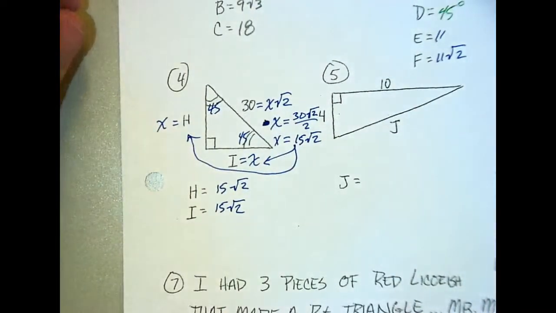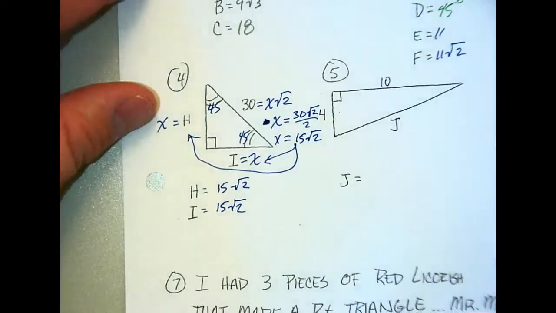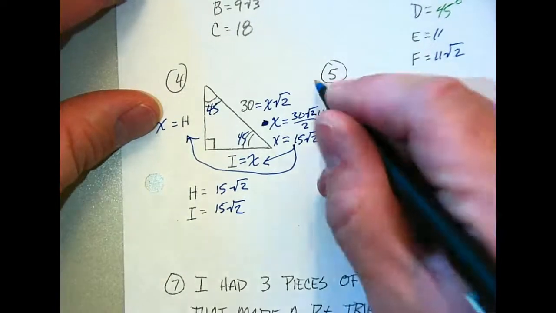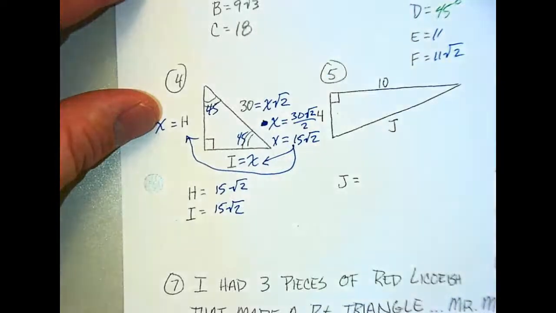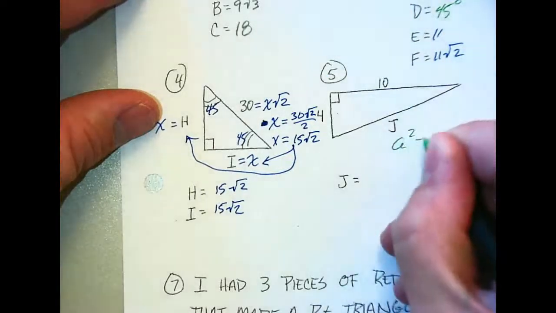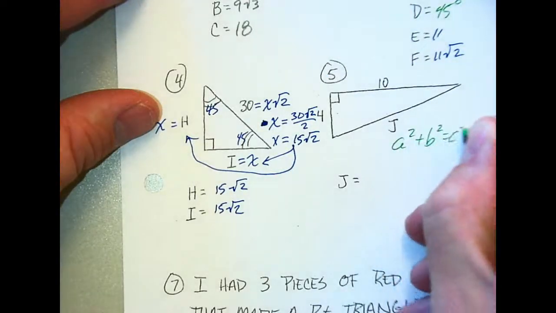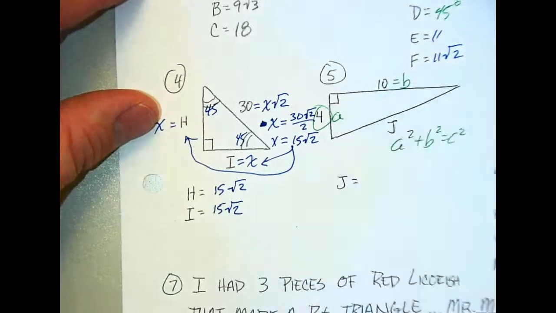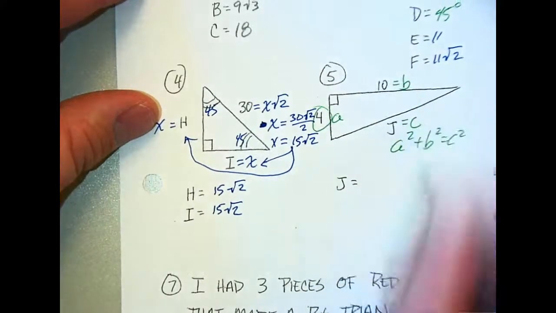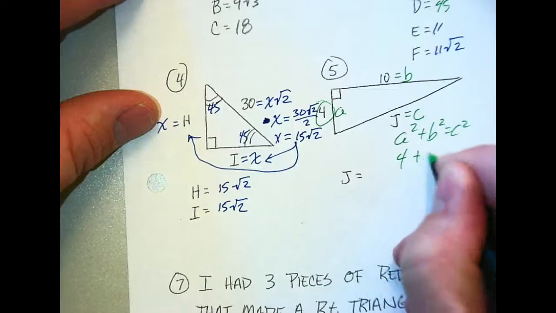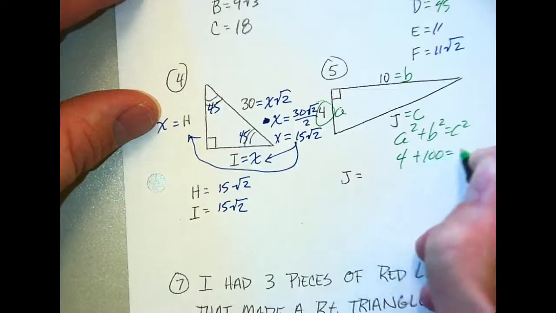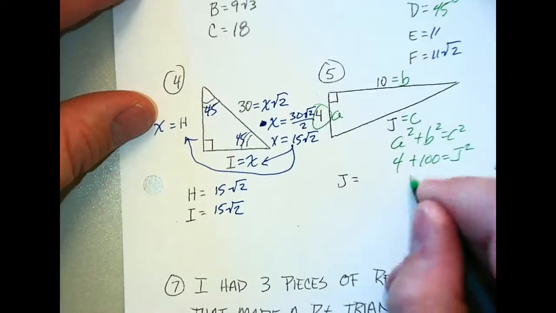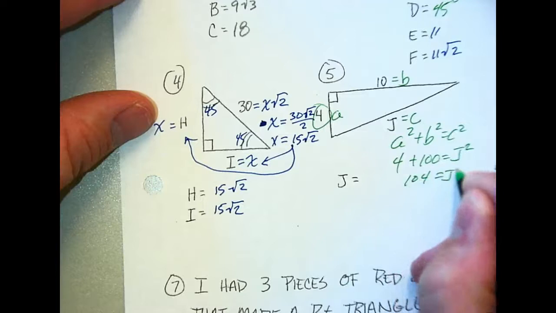How many got it? Well done. Is number 5 special? No. All right. A squared plus B squared equals C squared. There's A. There's B, and this one's C. Okay, so 4 plus 100 equals J squared, or 104 equals J squared.